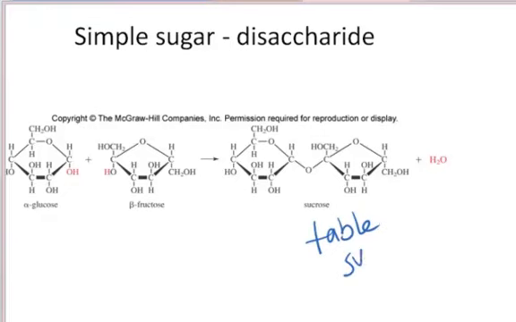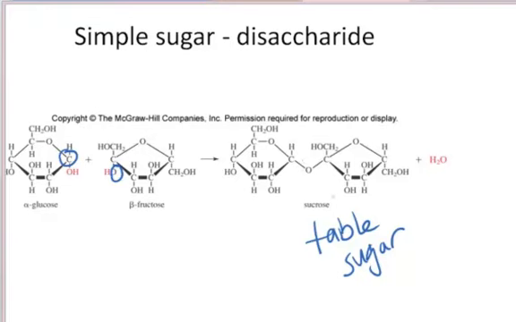It's been refined from either sugar beets or sugar cane, and you'll see what happens is the OH from this bound to one of the carbons and the H bound to an OH that's bound to another carbon are split off, and a new CO bond is formed between this carbon and this oxygen to give this COC linkage.